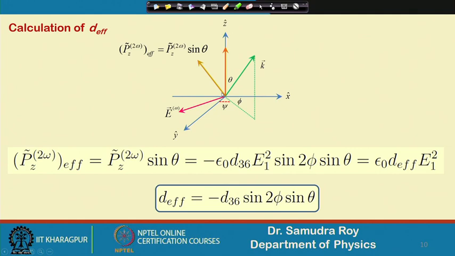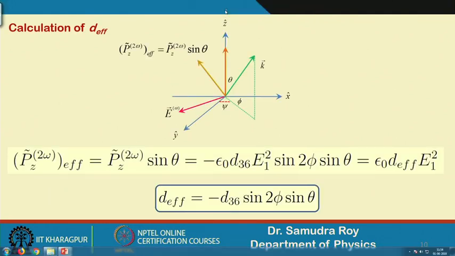So, this direction is basically the direction along which we have our electric field, that is really my extraordinary field. So, P 2 omega will be generated here, but the effective thing we need to subdivide into two parts. If this is theta, this part will be the sin theta of that. So, sin theta will generate some effective D, and this D effective is eventually this.